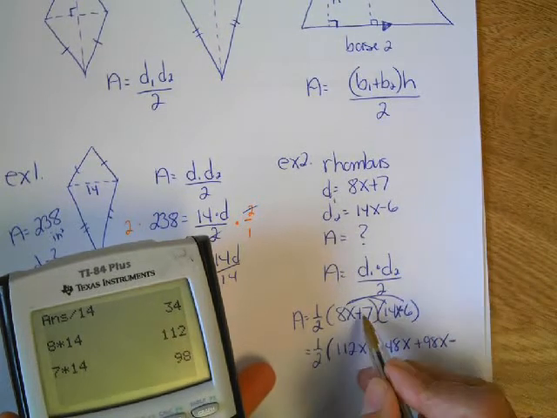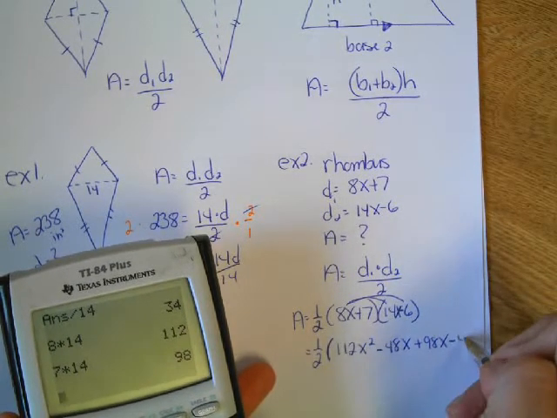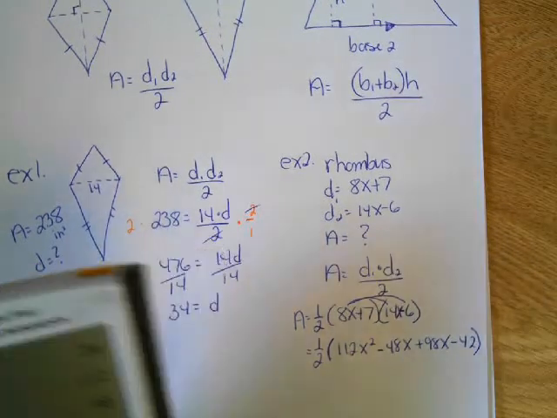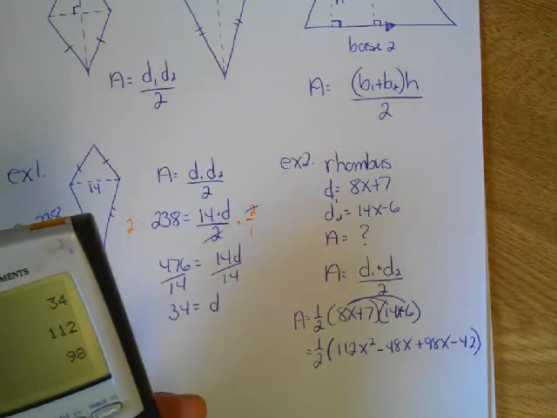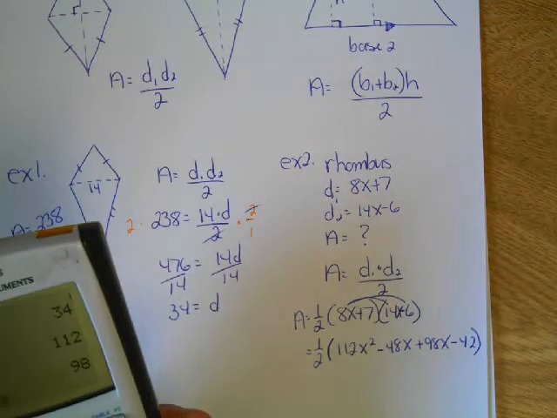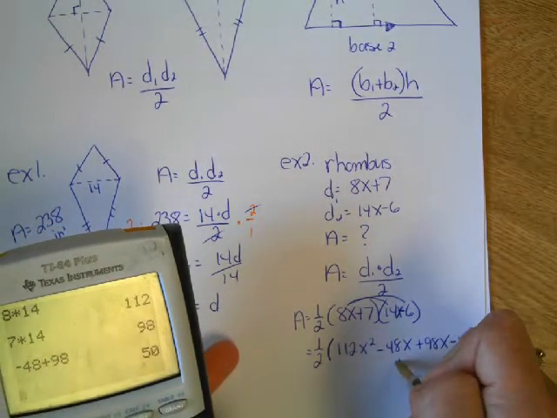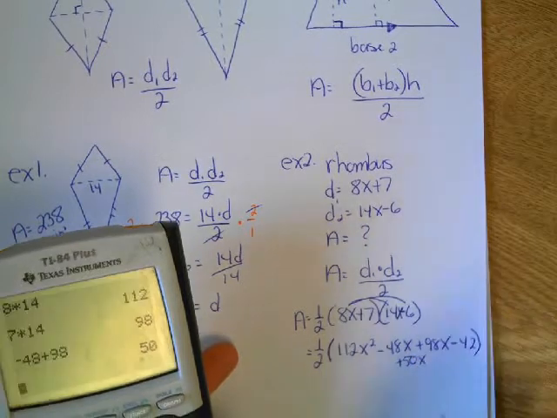And then we will have a minus whatever 7 times 6 is, 42. Thought it was going to be challenging. Okay, I'm going to combine the x's here. Negative 48 plus 98 leaves us with a positive 50x in the middle.